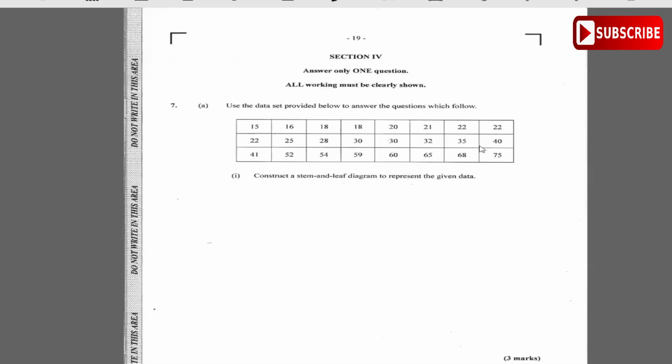They put it from lowest to highest. Construct a stem and leaf. So to construct a stem and leaf, you're going to create 2 columns. Over here is the stem. This column is the leaf. So you can write that for them. This is your stem.